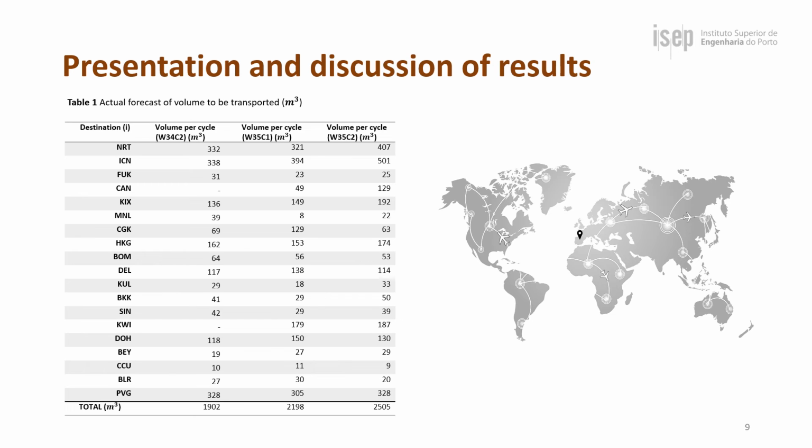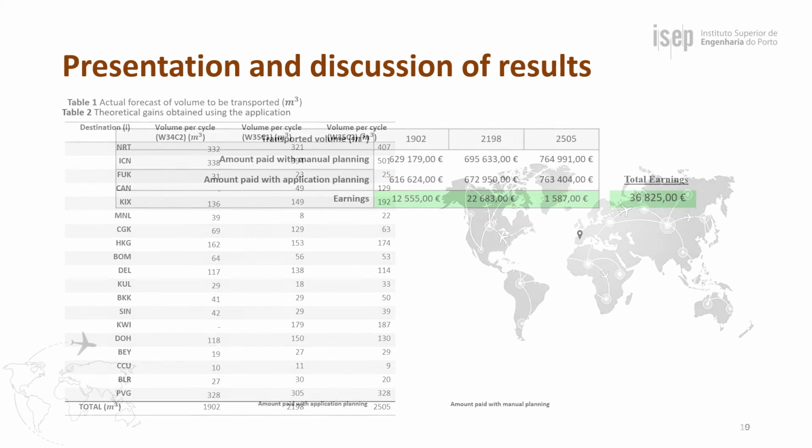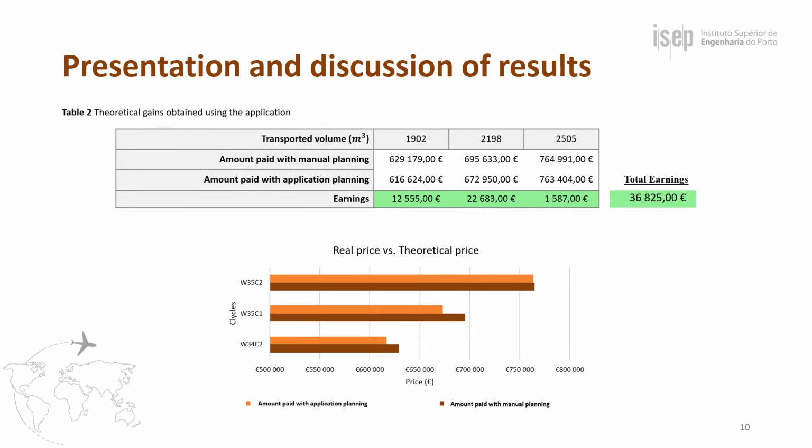Table 1 shows the volumes to be transported in 3 consecutive cycles. The results for this problem are shown in Table 2. The amount paid with manual planning by the company in the respective weeks and cycles, and the amount that would be paid with the developed tool and the possible gains if this application was used.